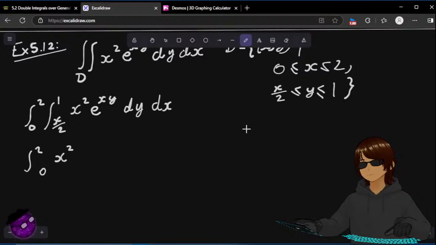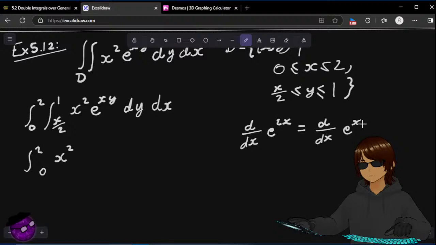Wait, if we derivate, let's say, e to the power of 2x, this is the same as derivating e to the power of x squared.